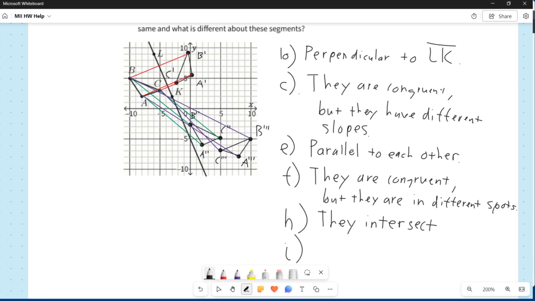So similar to part C, the sides of the triangle are congruent. They're not bigger or smaller. They're the same length. But again, just like in part C, they have different slopes.